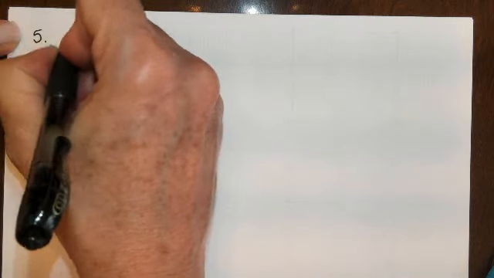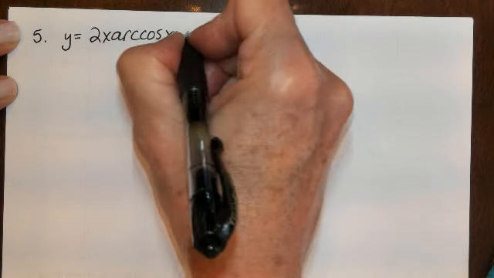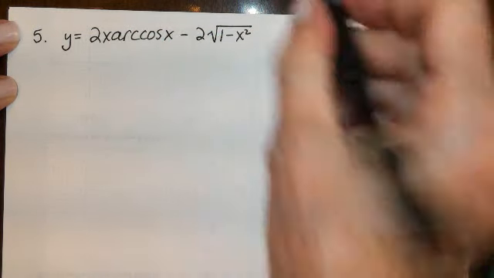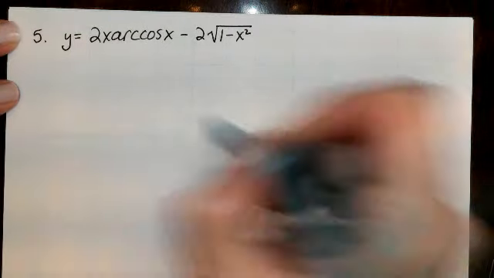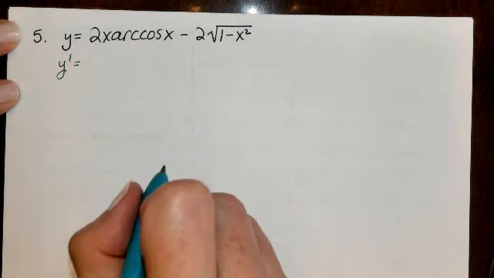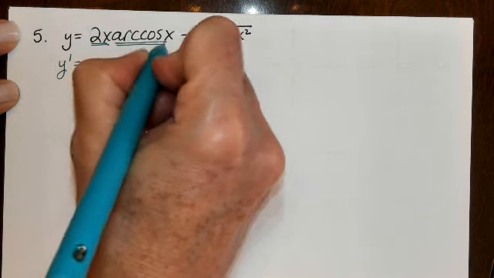Okay, example 5. Let's say that we have y is equal to 2x arc cosine x minus 2 square root 1 minus x squared. The derivative will be, okay, this we need to use the product rule for.